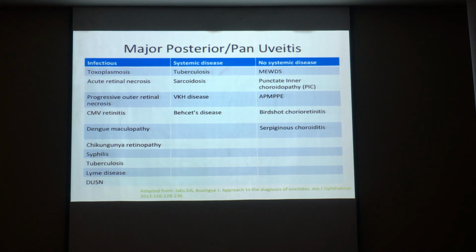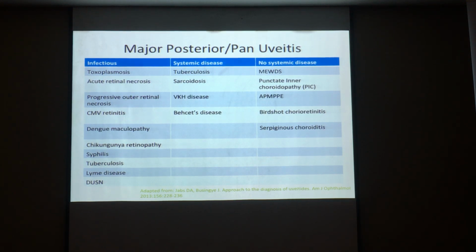Having said that, I think Dr. Kwan was showing this slide, and here you can see the first column is all infectious uveitis. The second column is where inflammations are associated with systemic diseases, and you would realize that barring tuberculosis, we had so much discussion, probably the majority of these are non-infectious. And then we have a third column.